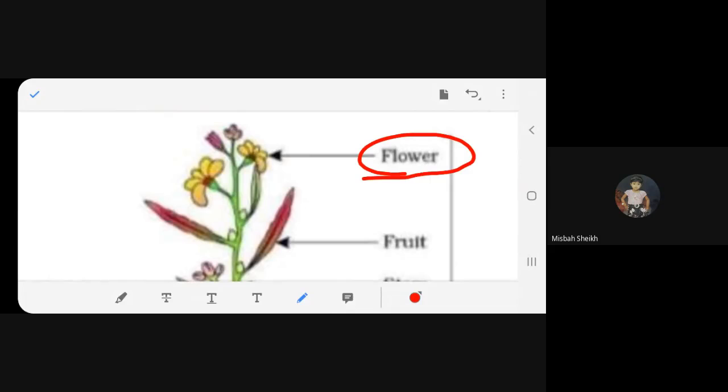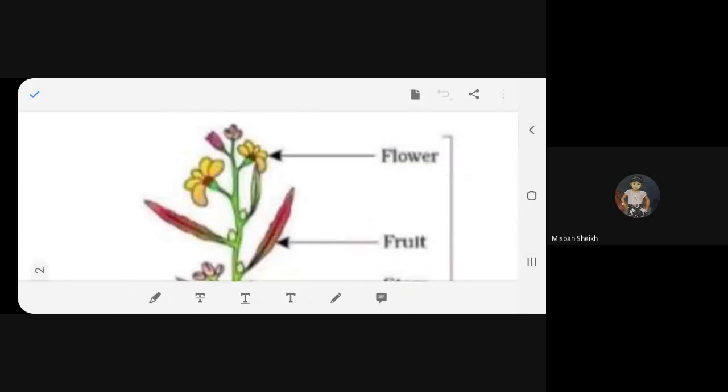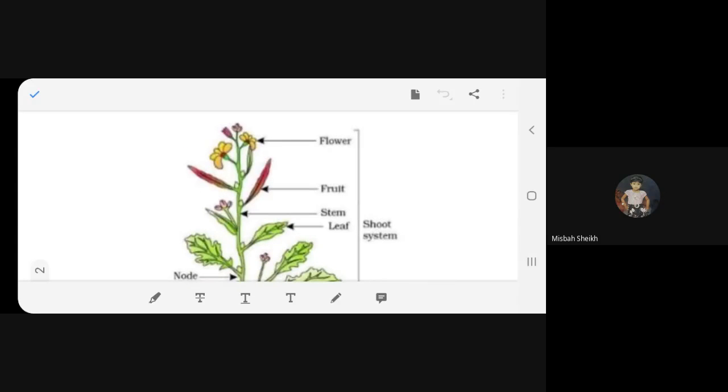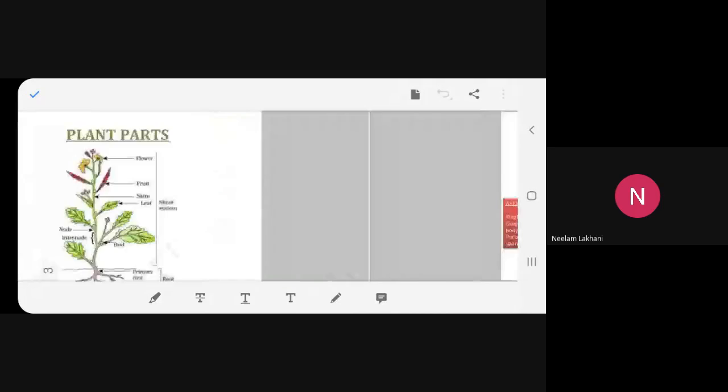Then when the flower gets fertilized, we get fruits. So these are the parts of the plant comprising the root system and shoot system, and I've given you all the parts of the root system as well as the shoot system. Any problems so far? No, ma'am. Okay, beta.